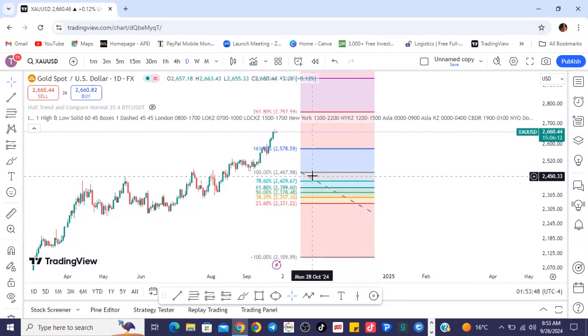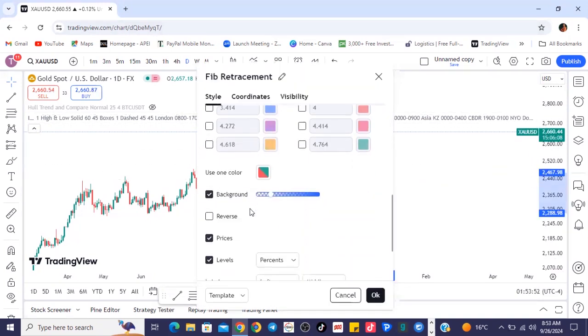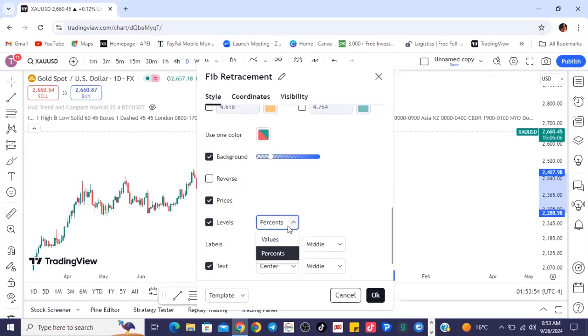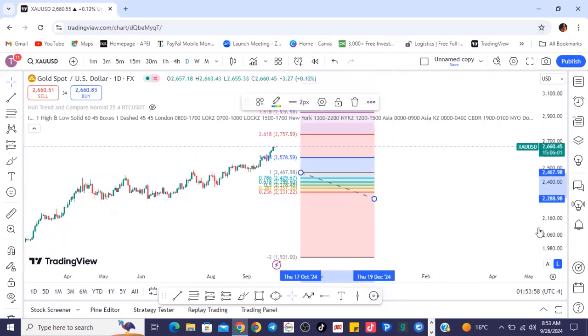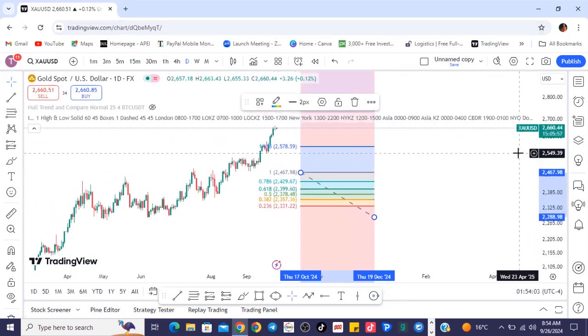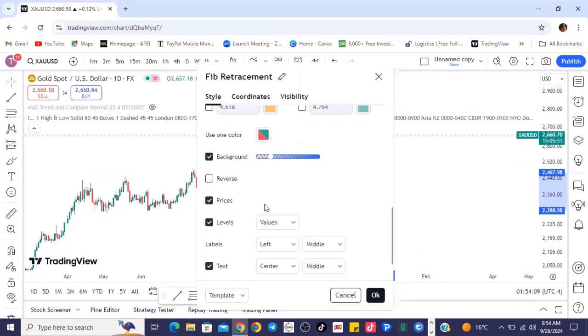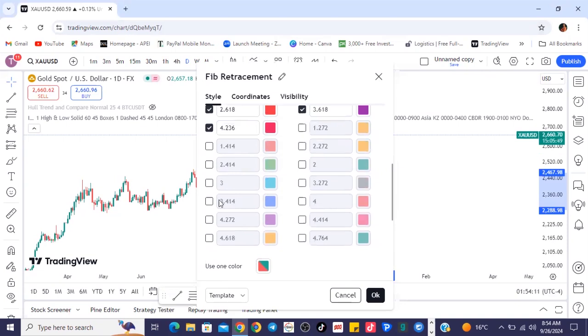If you want to change it back to decimals, you come here and change it to values, and that is how it's going to appear. Let's change it back to percentage so that we can work with the percentages.